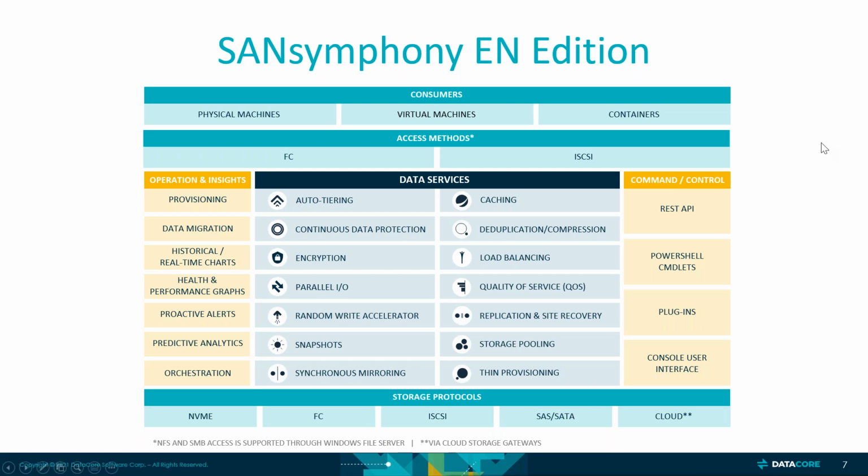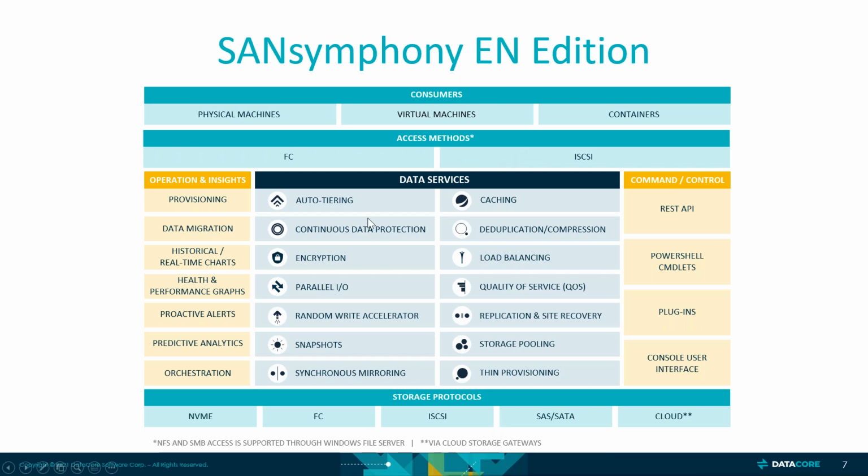On the far right here, we've got the ways that you actually control the system, whether that's the console user interface, the traditional management console, or if you're into more of the automation part, where you can use either the REST API or a complete list of PowerShell cmdlets. We also offer plugins, for example, for VMware or vSphere.